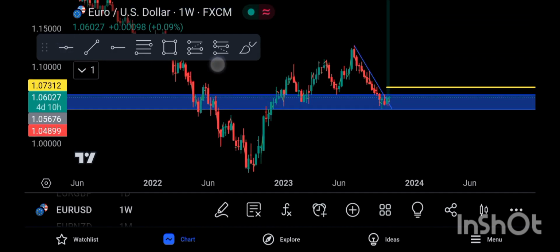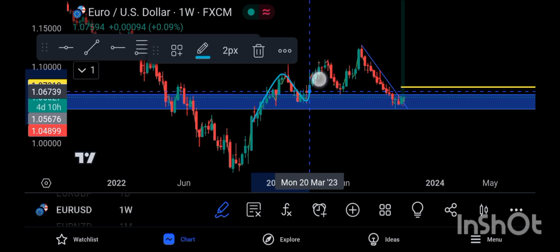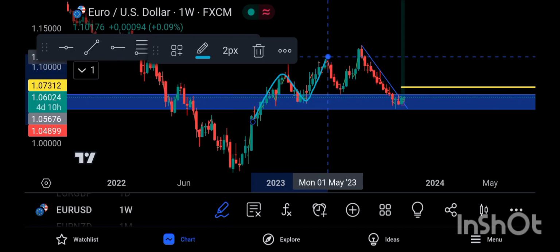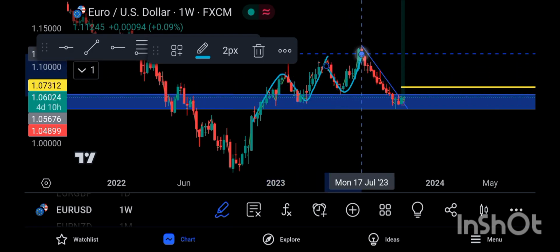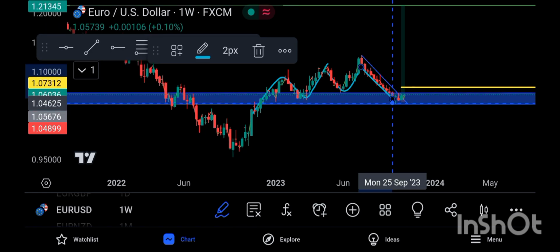Now this is the weekly time frame. As you can see, it broke here, came back, retested, broke it, created a new high, came back, created another new high, and has come back to retest this again.